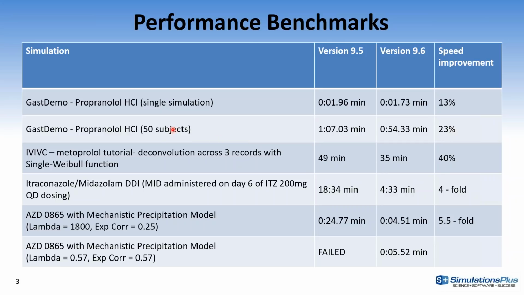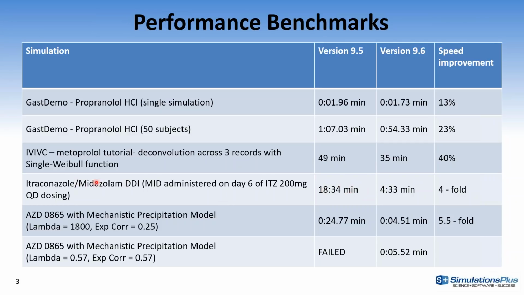Let's say when you do population simulations, or when you run optimizations where the program needs to do thousands of simulations over the course of the optimization, you would now start seeing more significant time savings.